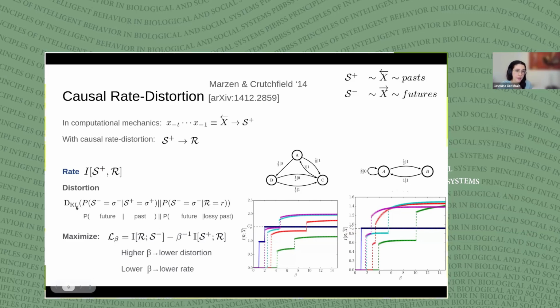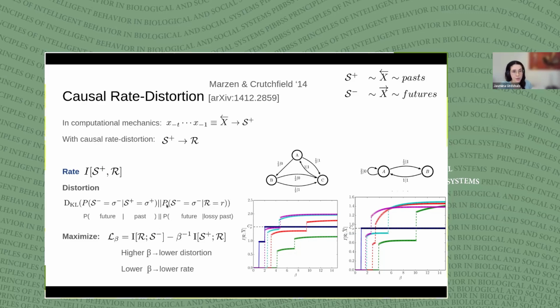And here again, I have shown the KL divergence as they chose in their paper between two distributions. The first distribution is again the true distribution. So we condition on causal states that group together pasts, and I've shown here, because the notation can be a bit heavy, what they correspond to: predictive causal states that group together futures.